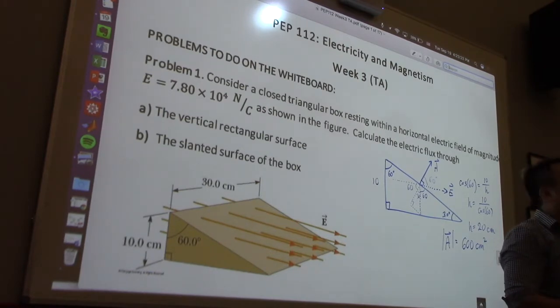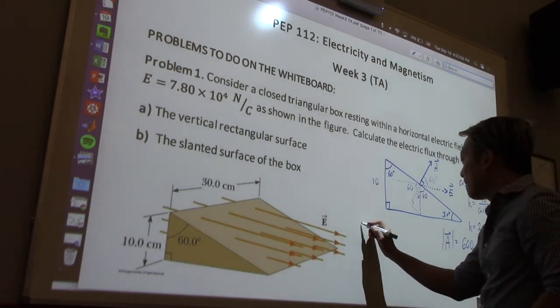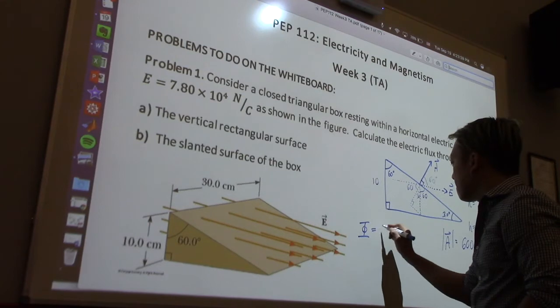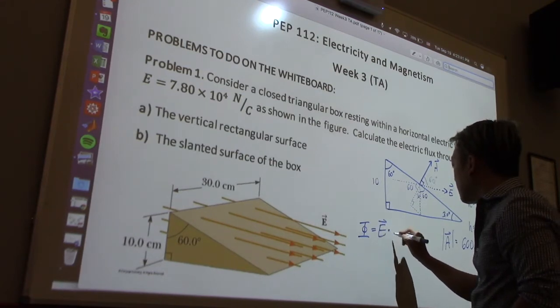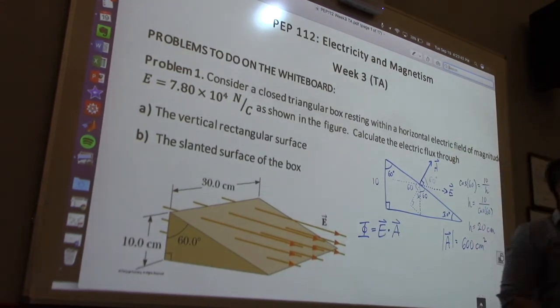Now here, let's introduce the formal definition of the electric flux. It's the dot product of two vectors, E dot A, and they're vectors.